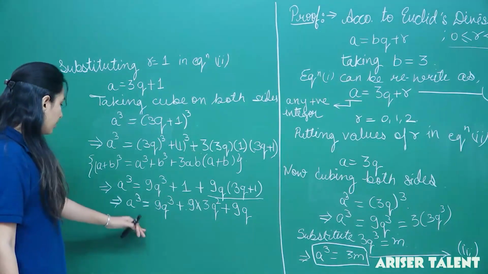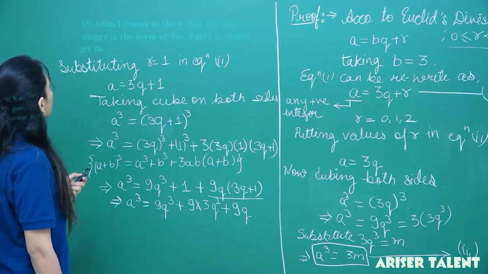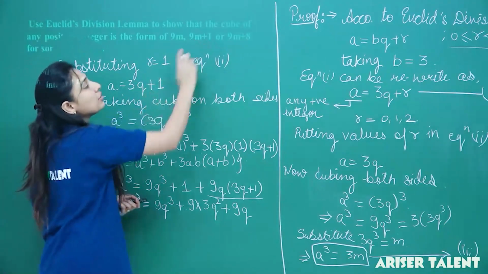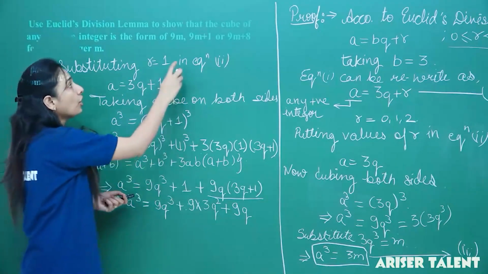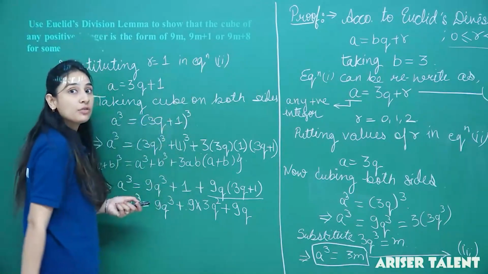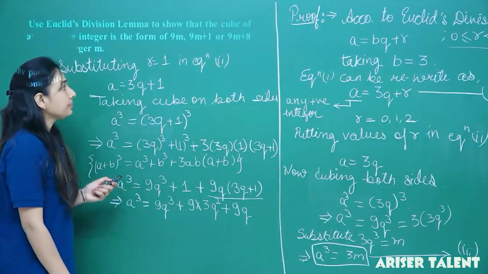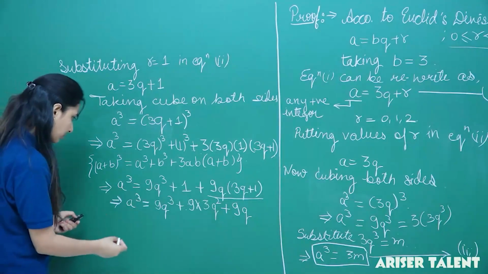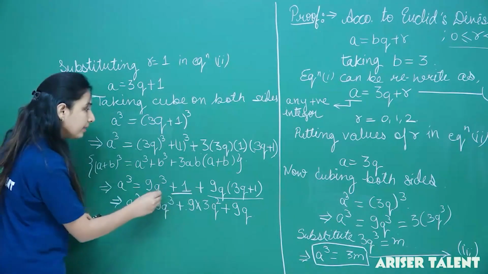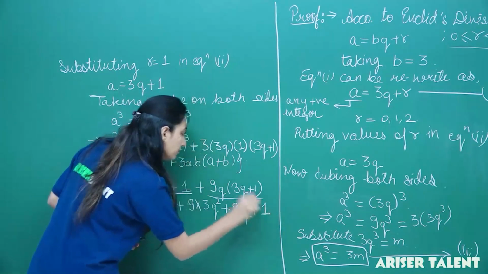Okay. Now, look at the question. 9m plus 1. You have to sort it out in the form of 9m plus 1 to prove this. Okay. And here 1 is remaining. We will write 1 here.